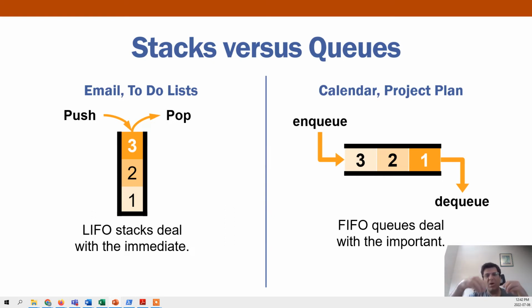So you put the stuff on top of each other, and you don't have access. Let me put it this way: you only have access to the topmost thing, the last thing that has been put there. So this is a stack.